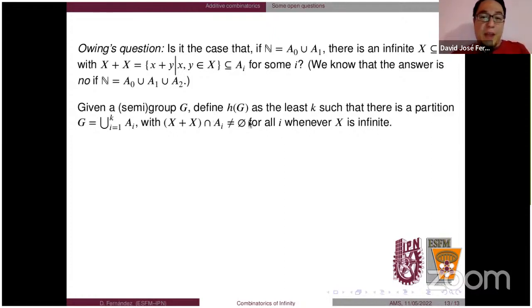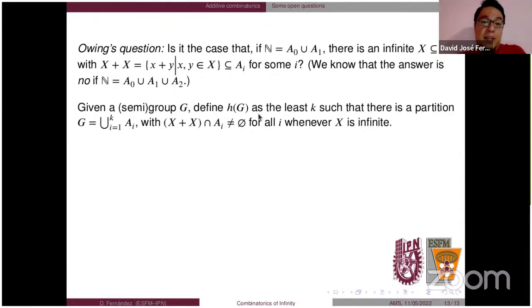Okay, I made a mistake here. I don't mean to say that this is a rainbow coloring, just that it's a bad coloring. So it's not necessarily true that x plus x intersects all of the A_i's, but it intersects at least two. So it's impossible for it to be contained within just one of the A_i's. So it's the least k such that the corresponding Ramsey theoretic result fails for a partition into k pieces.